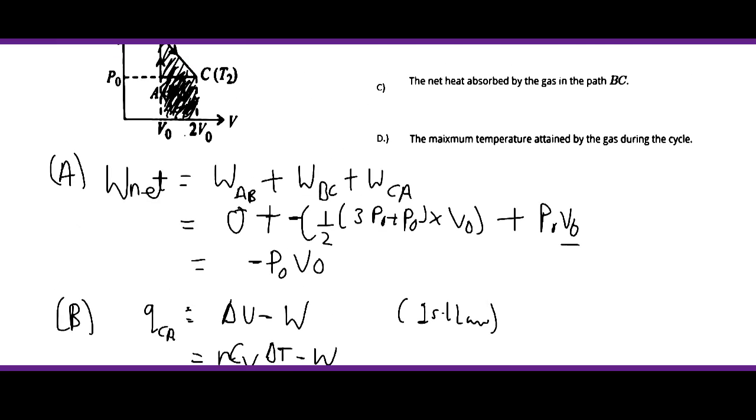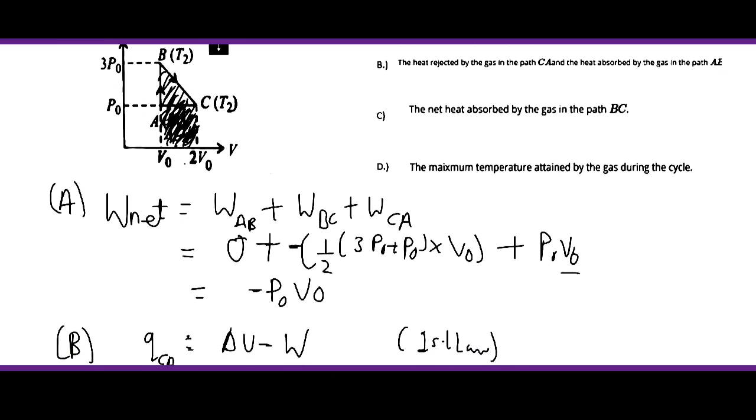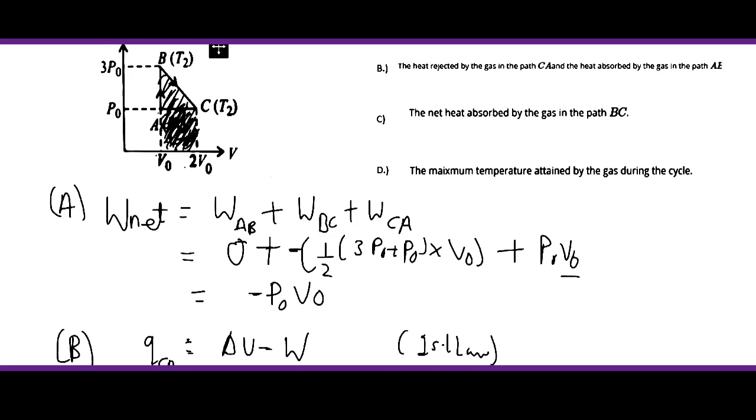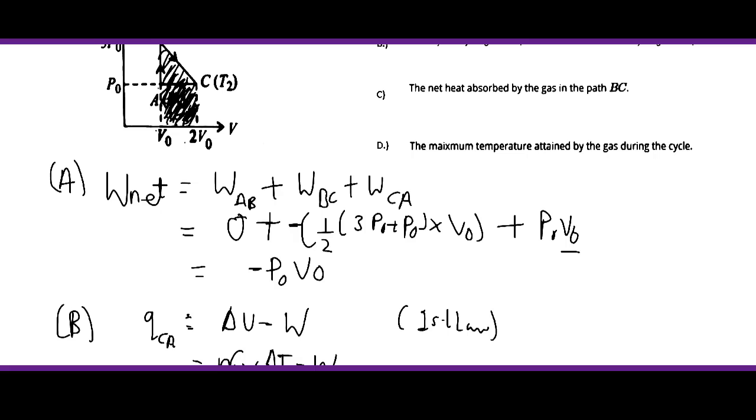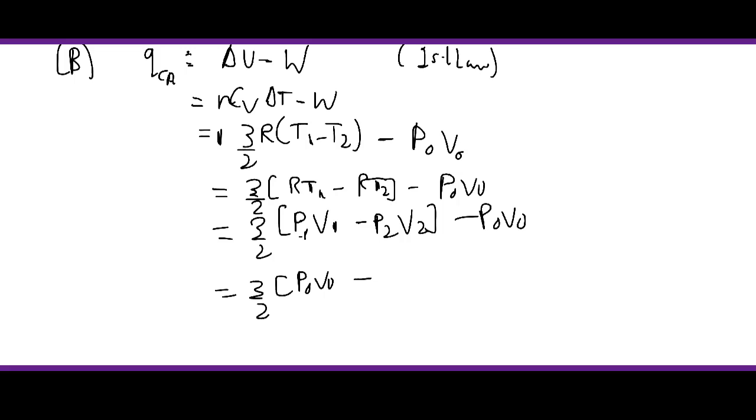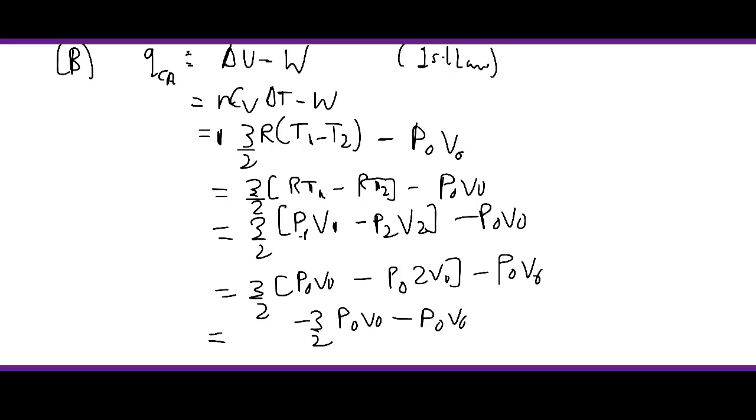And if you clearly see, at temperature T1 the pressure is P0 and the volume is V0. So we can write this as 3 by 2 [P0 V0 minus, at 2, the pressure is P0 and the volume is V0, that is P0 twice of V0] minus P0 V0. On further simplification, you will get minus 3 by 2 P0 V0 minus P0 V0, that is minus 5 by 2 P0 V0.